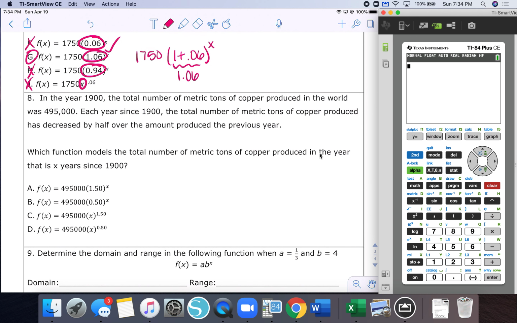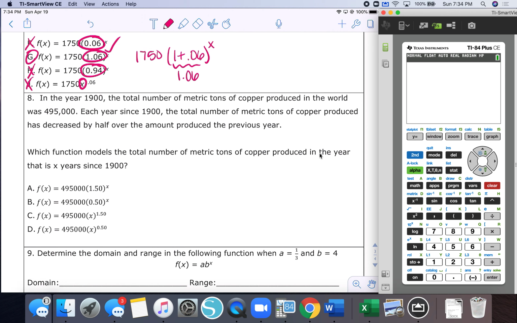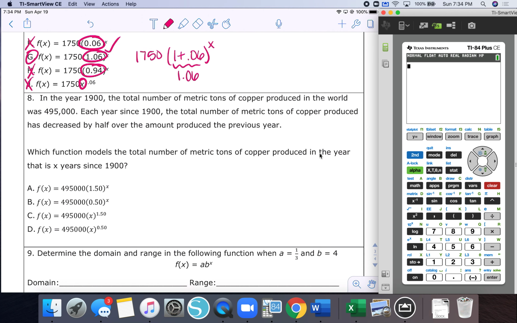Number 8, in the year 1900, the total number of metric tons of copper produced in the world was 495,000. Each year since 1900, the total amount of copper has decreased by half over the amount produced in the previous year. Which function models this data in years since 1900? So all 4 of these are starting with our starting value, which is good. All we're really looking at is our rate.